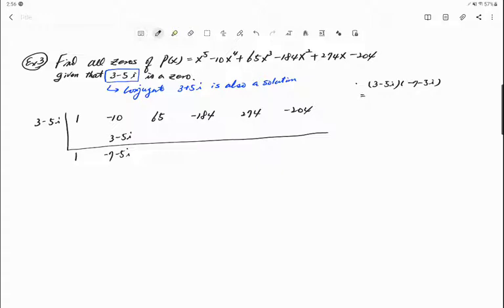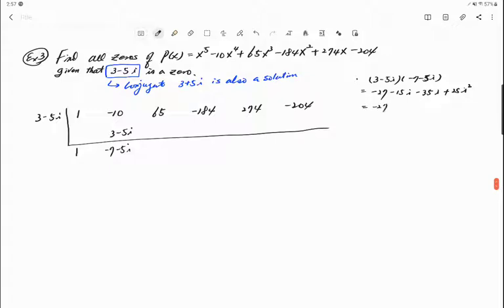All right, so let's use distribution. 15i minus 35i plus 25i squared. I squared is equal to negative 1, right? So that's negative 25.